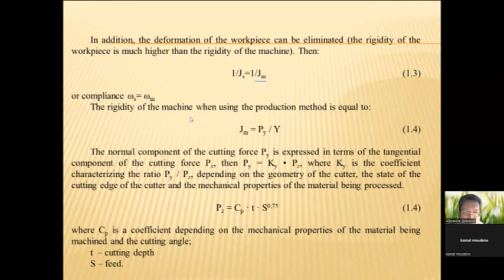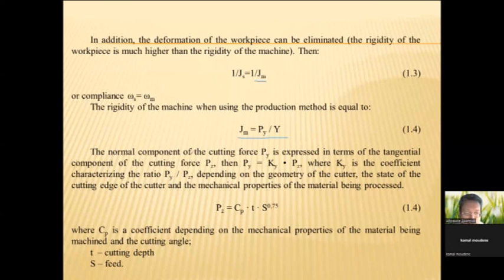The rigidity of the machine when using the production method is equal to, we use formula 1.4, the rigidity of the machine, J suffix M, is equal P suffix Y divided by Y. P suffix Y, it's the force, and Y, it's deformation.